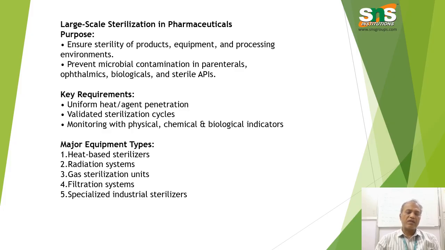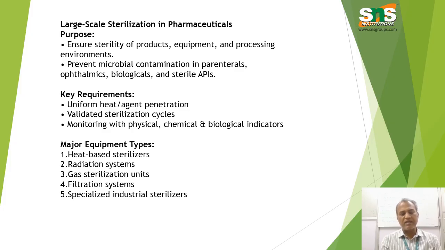What are the key requirements needed to perform sterilization in pharmaceuticals? Agent penetration and uniform heat. There is a need for uniform heat throughout the process. Next, validated sterilization cycles. Each and every sterilization cycle has to be properly validated and documented. Next, monitoring with physical, chemical and biological indicators.